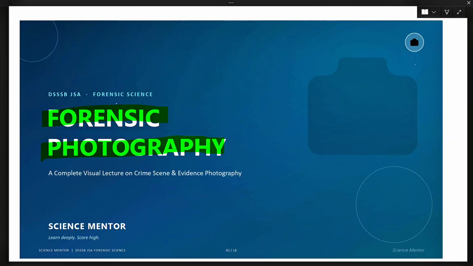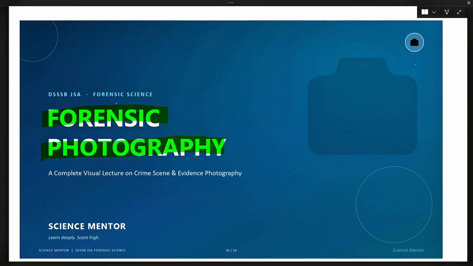Should they collect the knife, or lift the fingerprints, or photograph the entire crime scene first? The correct answer is they should photograph the crime scene first. By the end of this lecture you will understand exactly why.